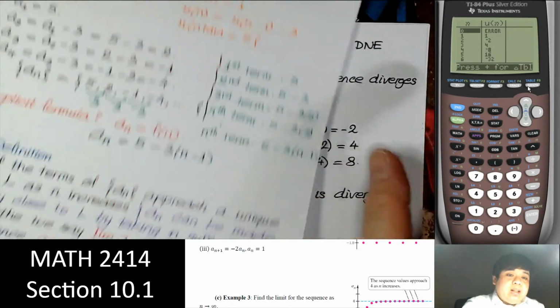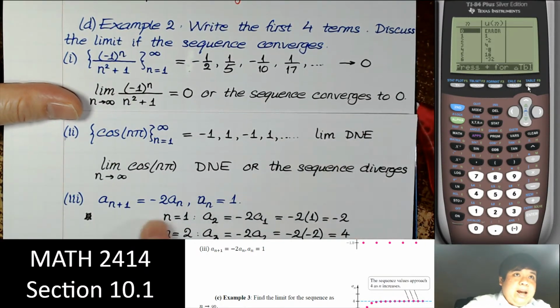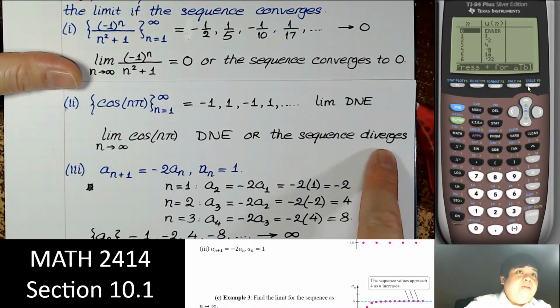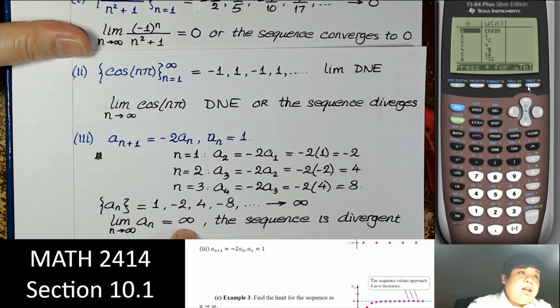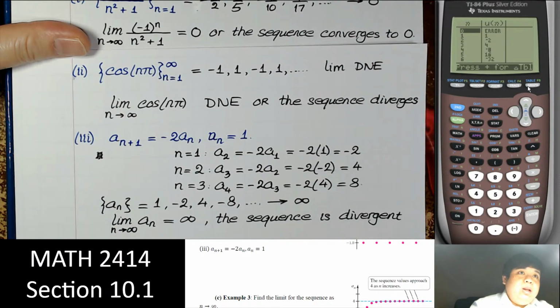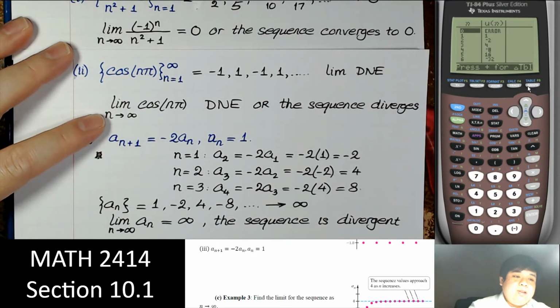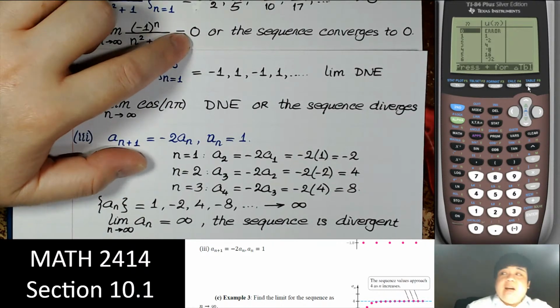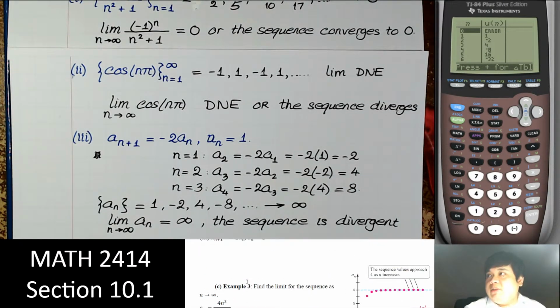If the limit does not exist, then it is divergent or diverges. Even if the limit exists, infinity is not really a number. So if the limit is infinity, then we also say the sequence is divergent or the sequence diverges. Right. So if there's a limit, if there's a number, it is convergent, otherwise divergent.